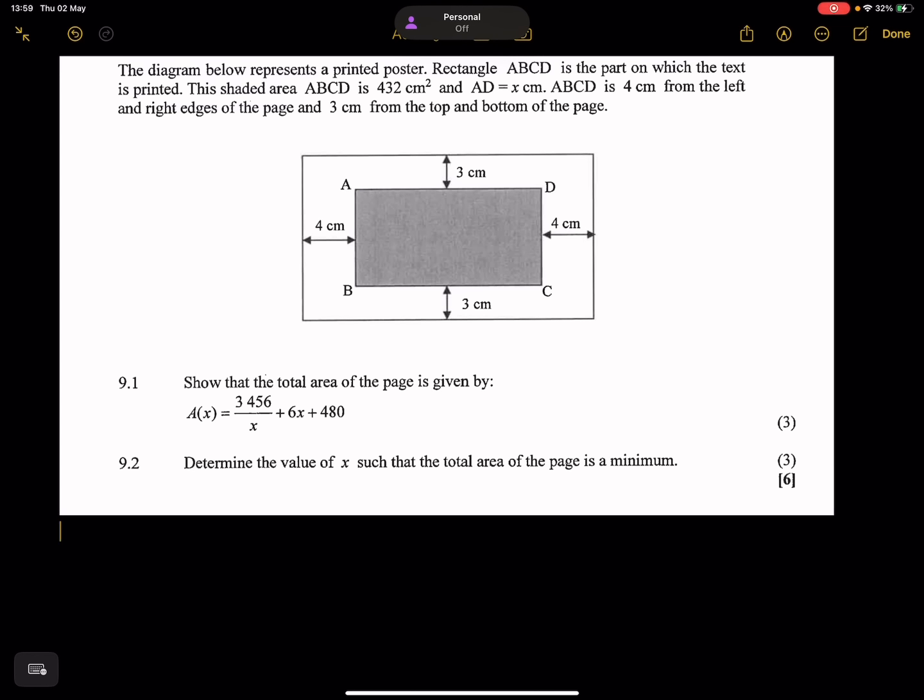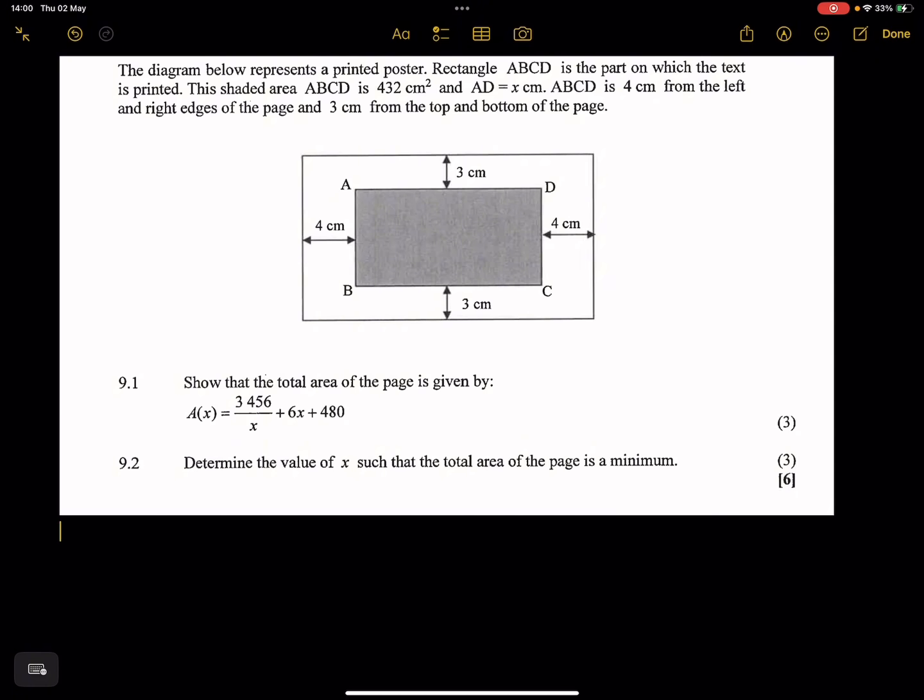Right, question 9, and off to closing this out. They say the diagram below represents a printed poster, rectangle ABCD, which is the part on which the text is printed. The shaded area ABCD is 432 square centimeters, and AD is equal to x centimeters.